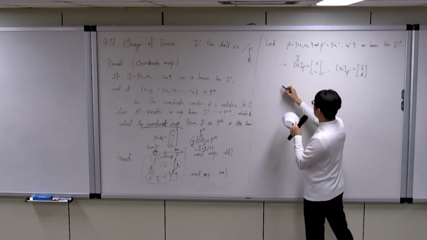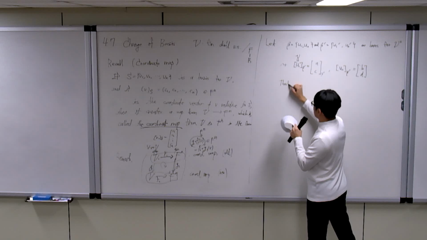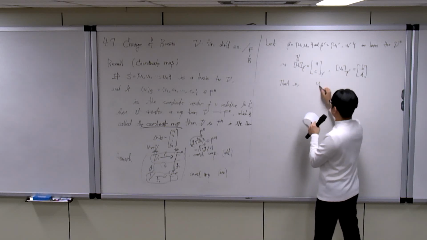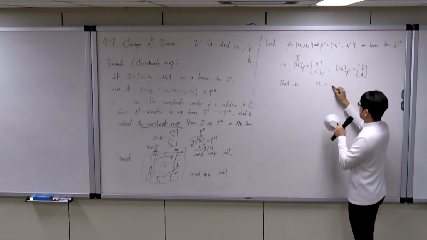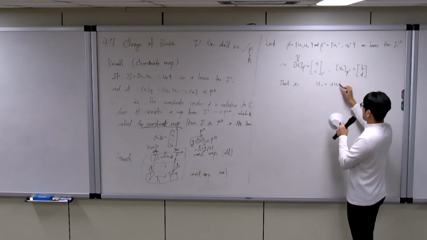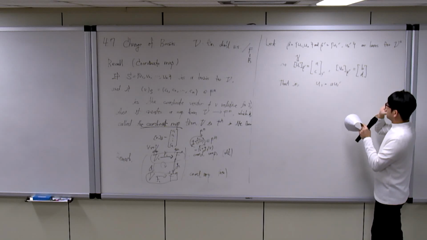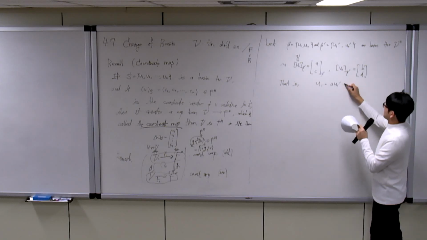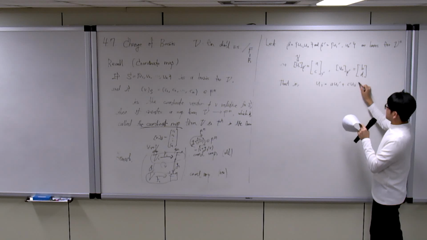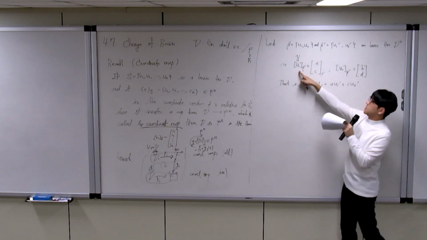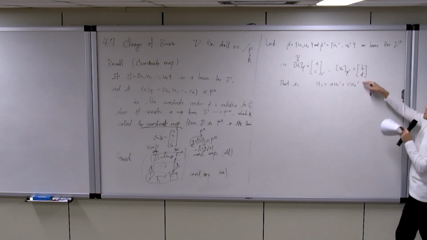That is, u1 is a u1 prime plus c u2 prime, because u1 is written as beta prime elements.